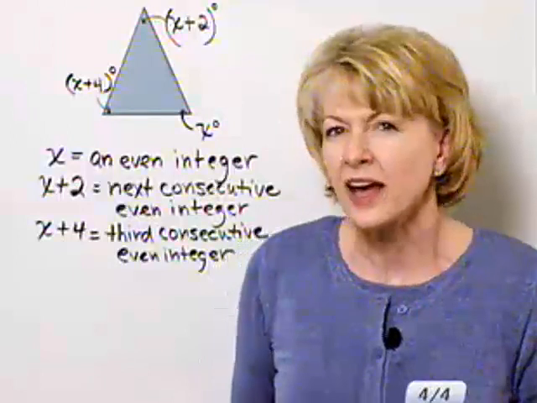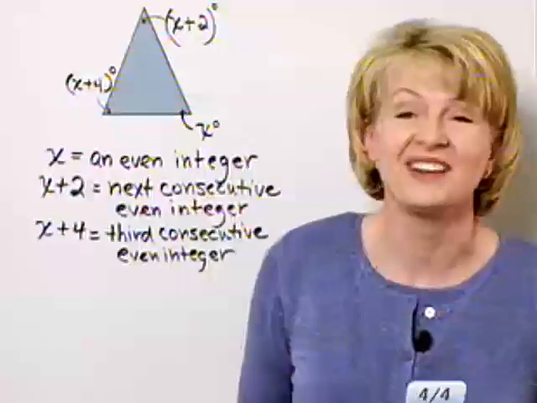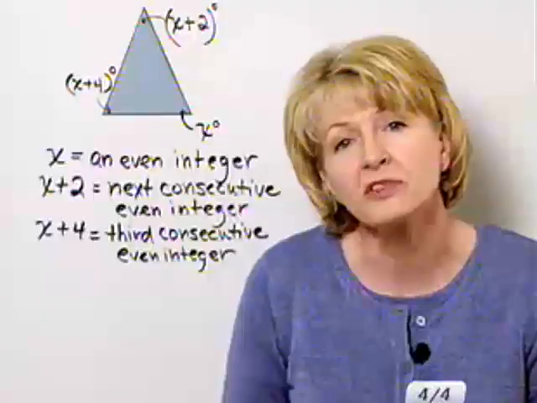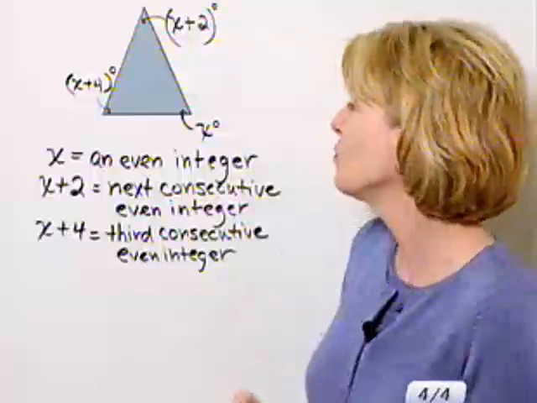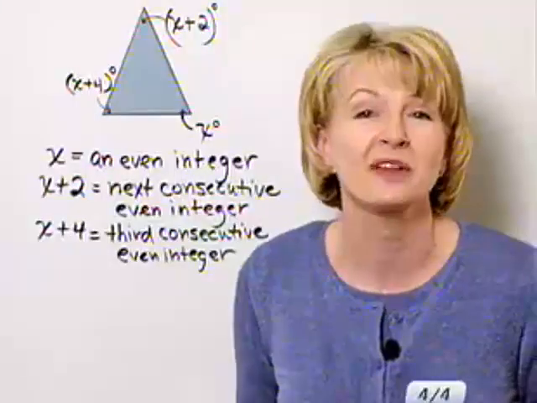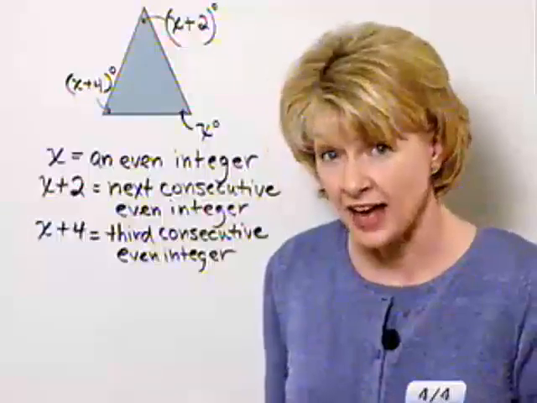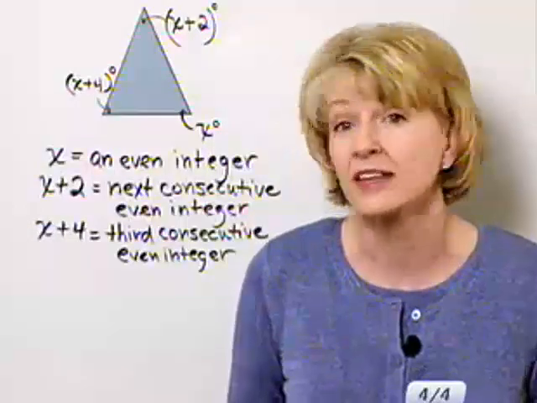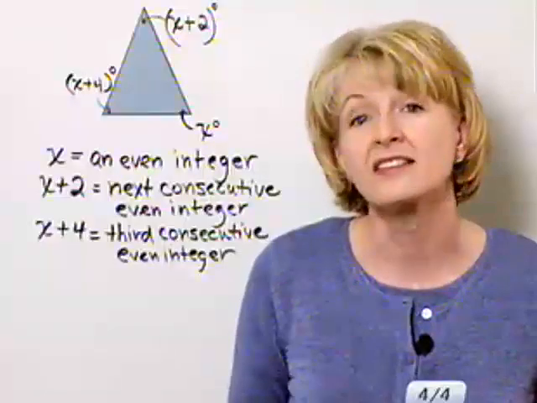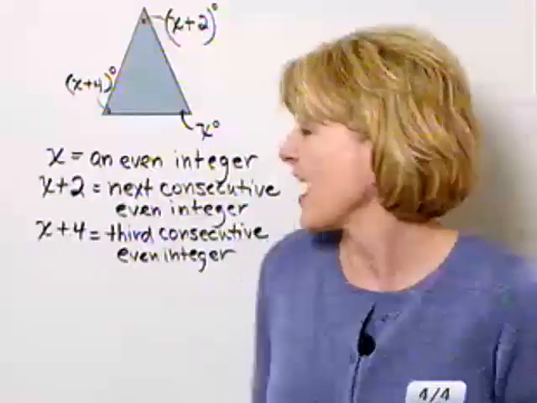Now that we have completely understood and represented all of our angles, how can we do step 2? How can we translate to an equation? What have we not used yet that will help us translate to an equation? We haven't used the fact that the sum of the measures of the angles of a triangle is what? That sum is 180. So let's use that fact.